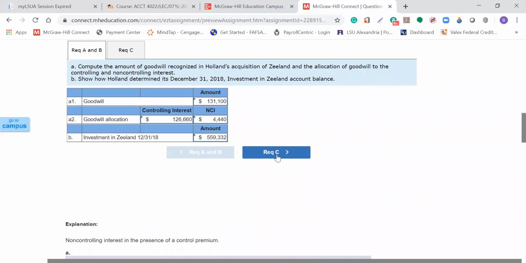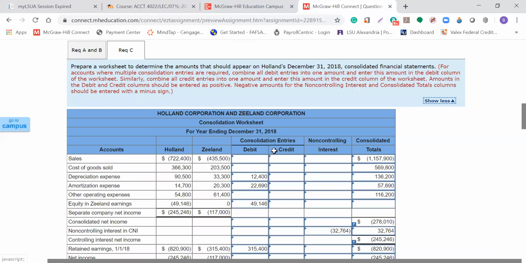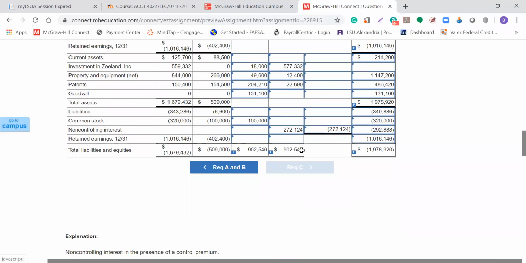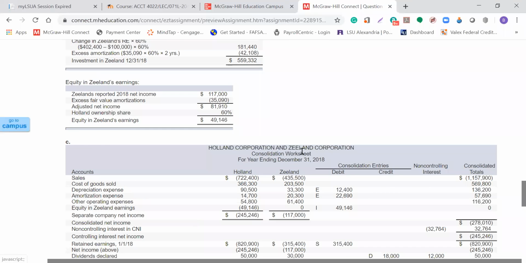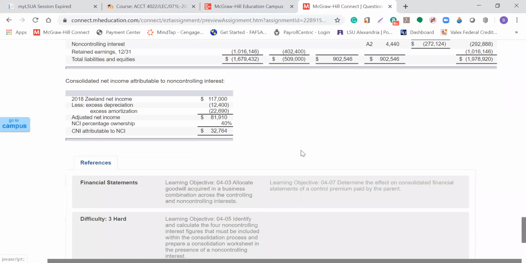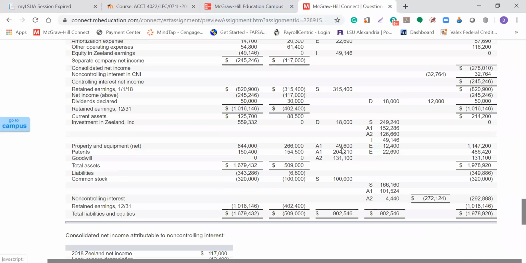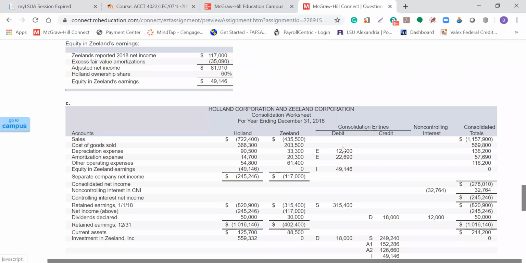The third part of this is the actual acquisition and your consolidated totals. For this particular piece of the problem, I'm going to show you the consolidated totals and how they're consolidated.